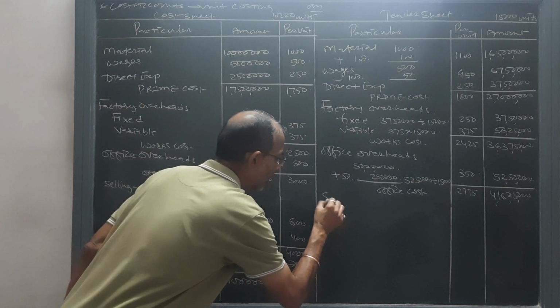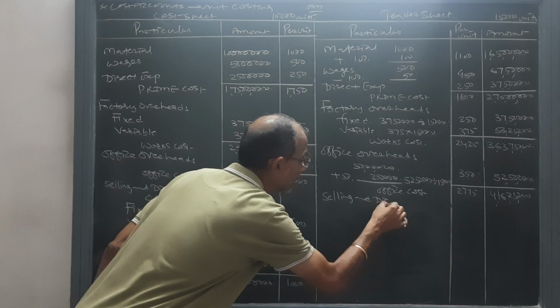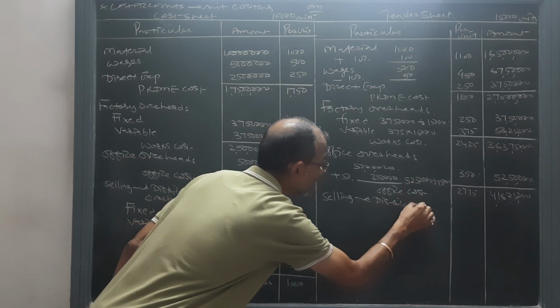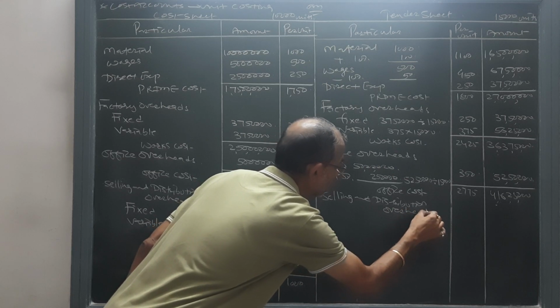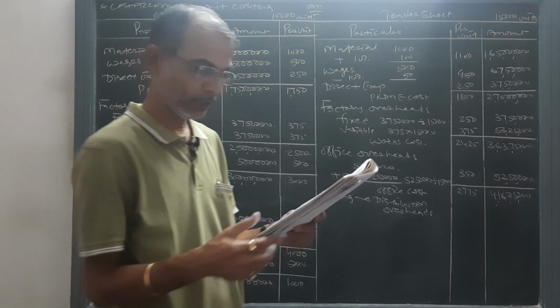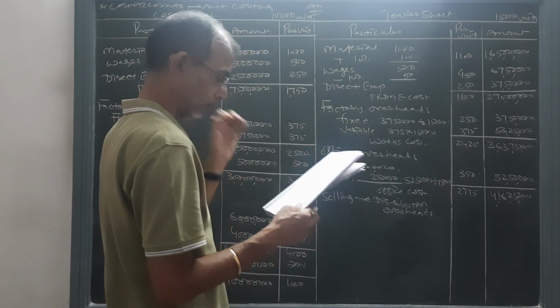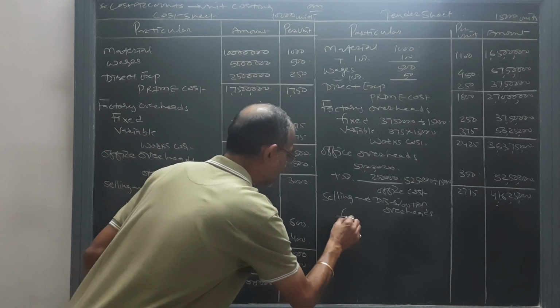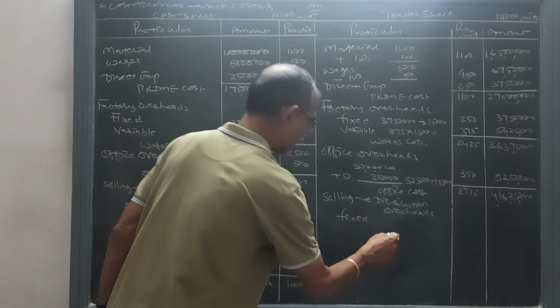Now will come the selling and distribution overheads. For that, fixed selling overheads will rise 10%. Fixed earlier were 60 lakh.